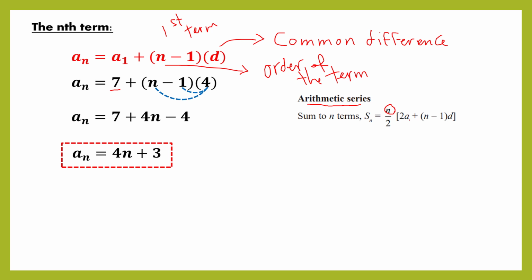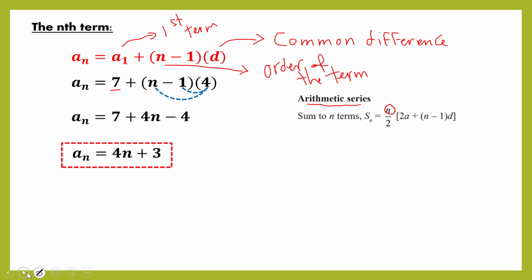But if you are working on an arithmetic sequence, this is the first term, order of the term, and common difference. It is a small difference between the sequence and the series. Sequence numbers go in a pattern, but the series is the summation of the terms of the sequence.